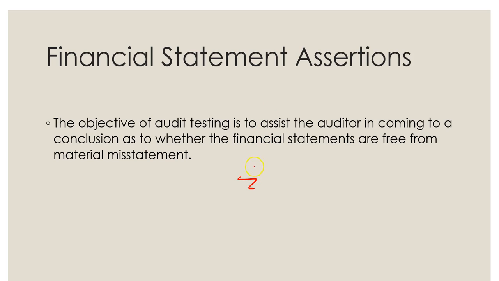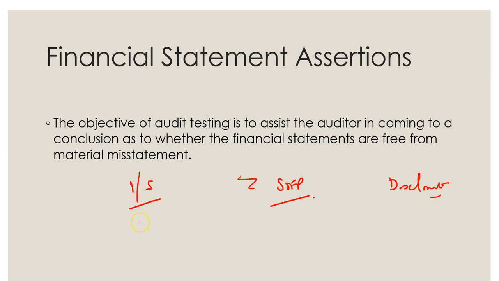Now, the key issue here is substantive testing actually is quite nice because what we're really saying is with accounting we're very clear on what we're testing. We're testing stuff in the income statement, statement of financial position, and the disclosures. Those are the three areas that we're testing.